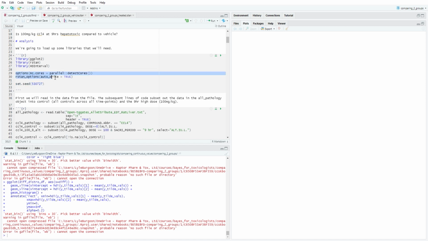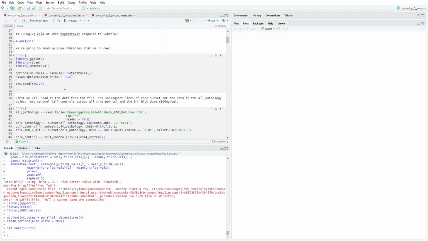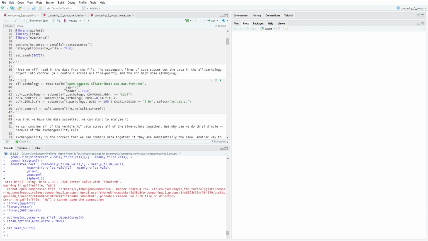When we have to set little parameters to tell it to run multi-core and to save the rstan compilation to disk, we put all that stuff at the top. So let's run it. This is all the stuff at the top. We ran it and it looks good.